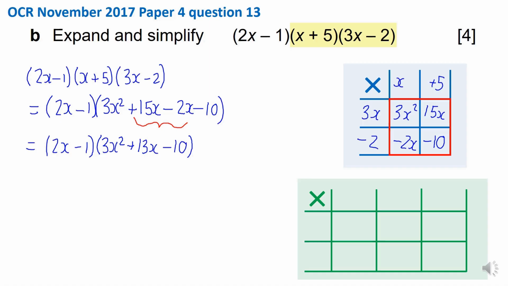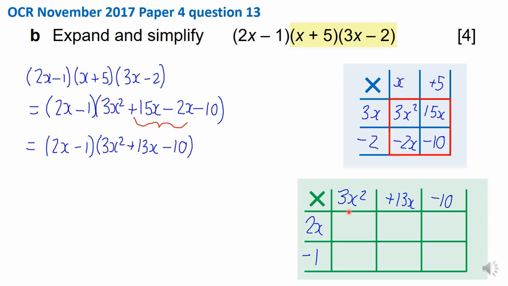So we write 3x squared plus 13x minus 10. And then over here, 2x minus 1.